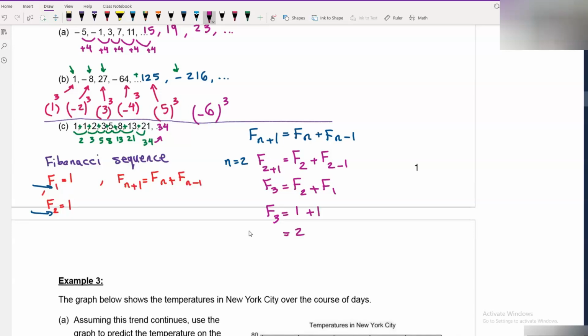You don't need to write all these because finding the answers this way is a lot faster. So this is exactly the same as that one, but I'm just writing using this rule.